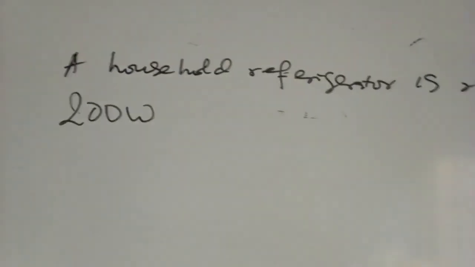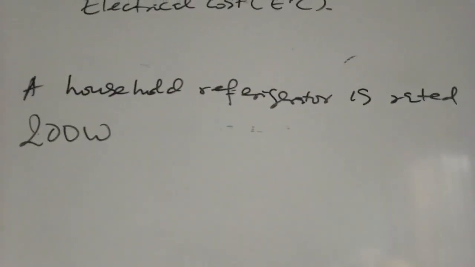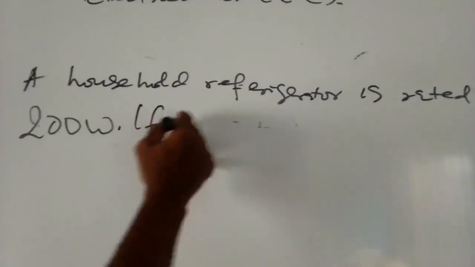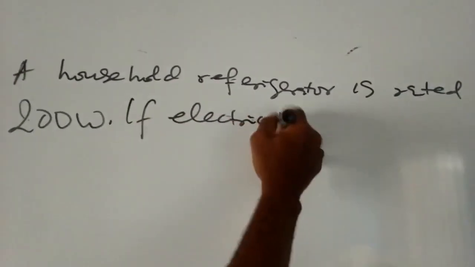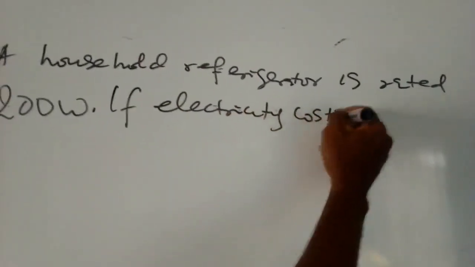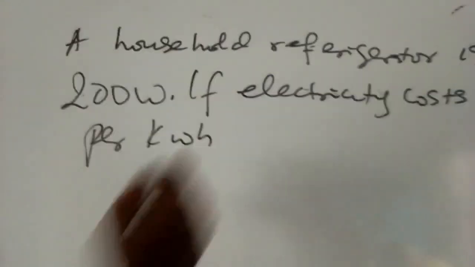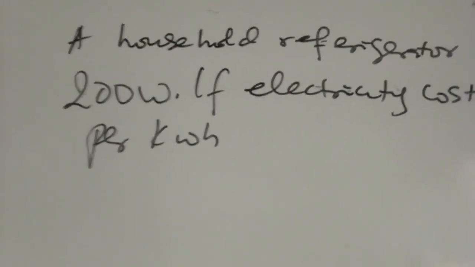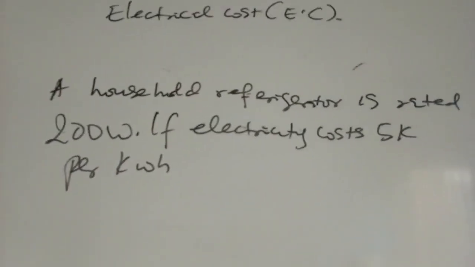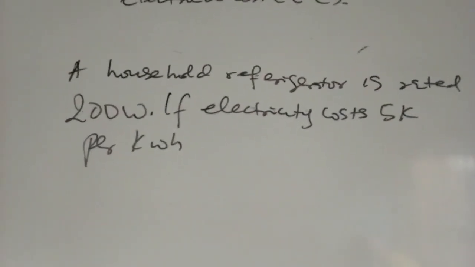If electricity costs 5 kobo per kilowatt hour, what is the cost of operating it for 20 days?